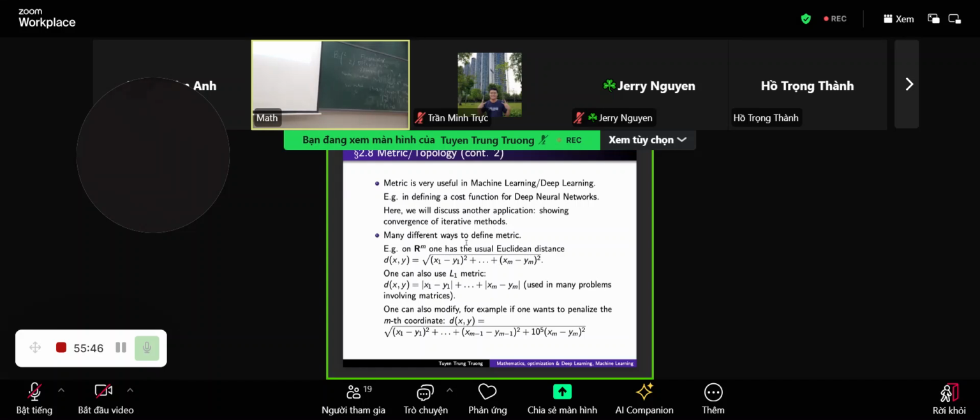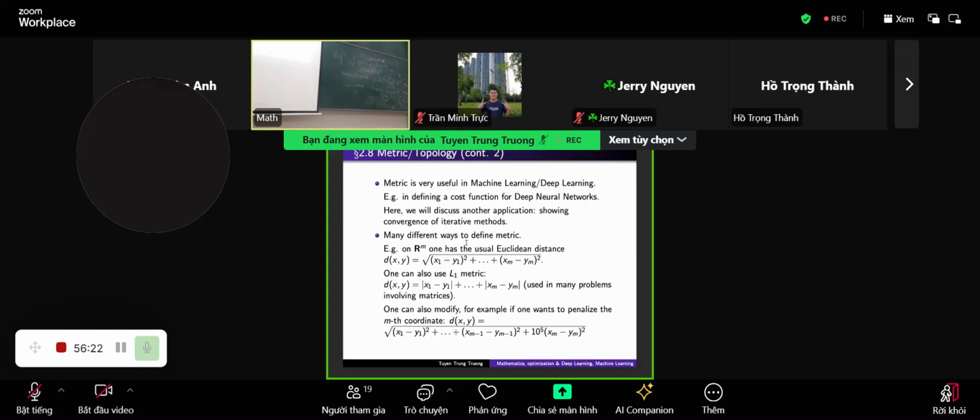You could use the usual Euclidean distance, or you have one metric like the sum of absolute values instead of the power, and you could use any power p, the Lp metric. And this L1 metric is useful in some problems involving matrices, even though it's not differentiable. And then this is the standard metrics that you can modify.